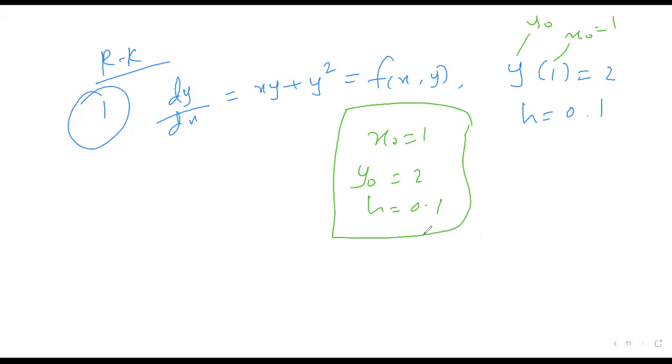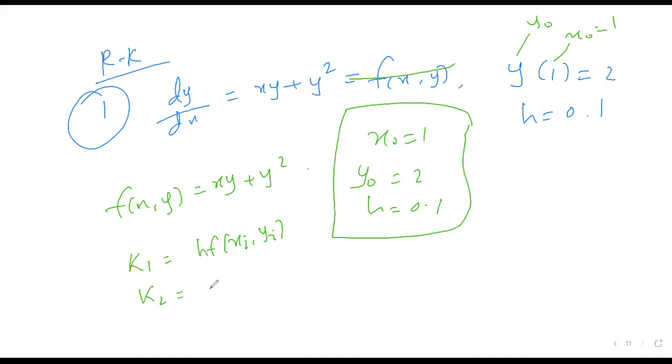Even if they don't give f of x comma y, you have to know this one. Let's try. What is our k1? k1 is equal to h f of xi, yi. k2 will be h f of xi plus h, yi plus k1.